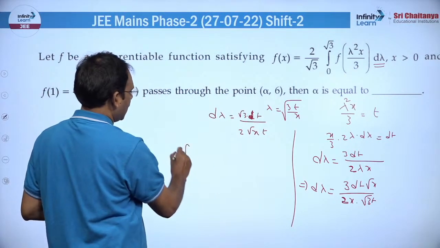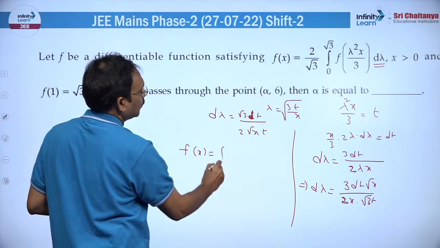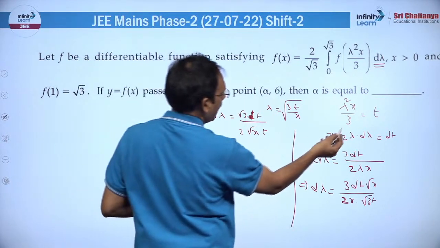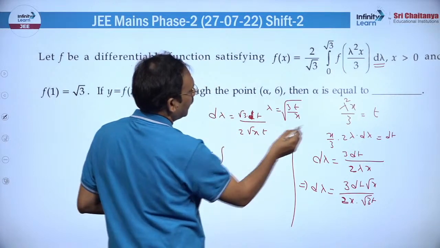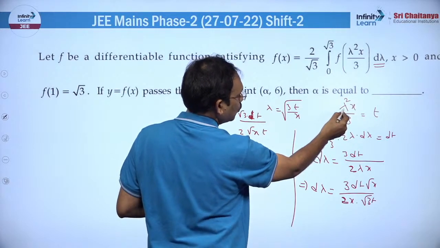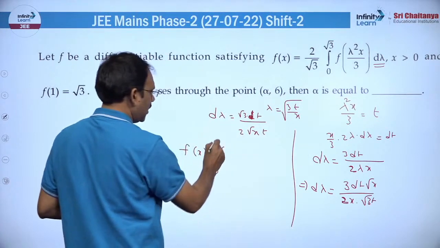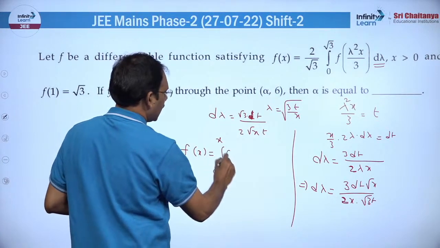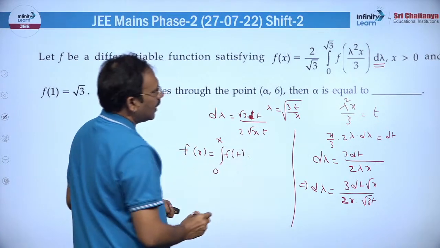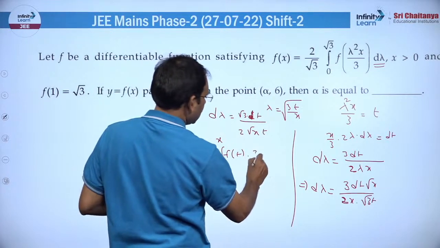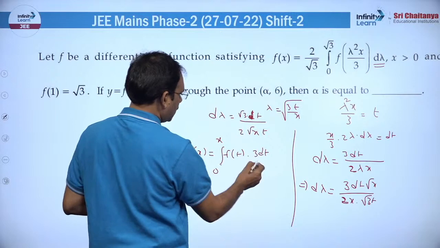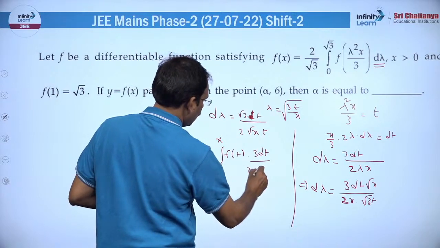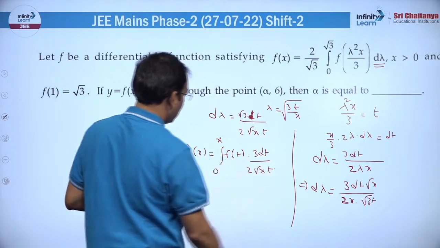Now you can write, my dear friends, f of x is equal to the integral; when lambda is 0, t is 0, and when lambda is root 3, t value is x, you can write f of t, and d lambda will become root 3 dt by 2 root x t, right.